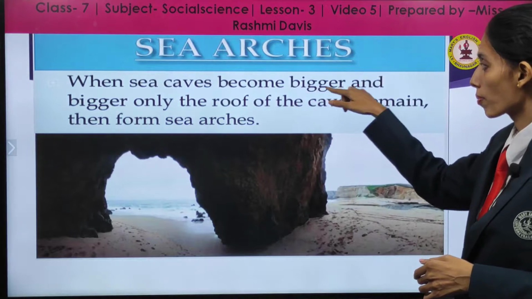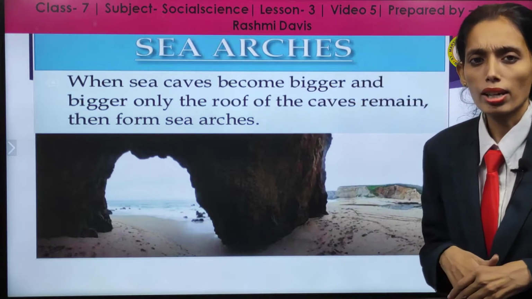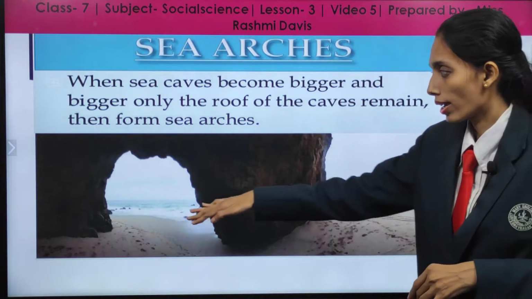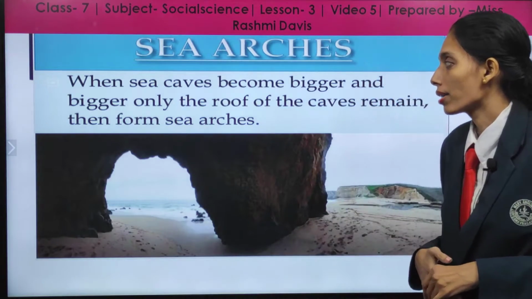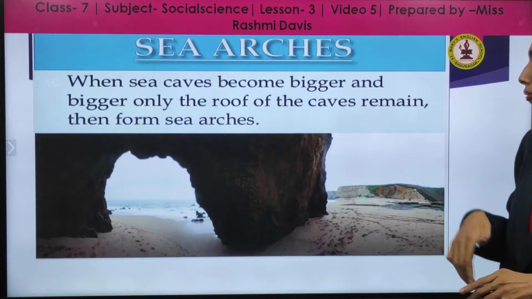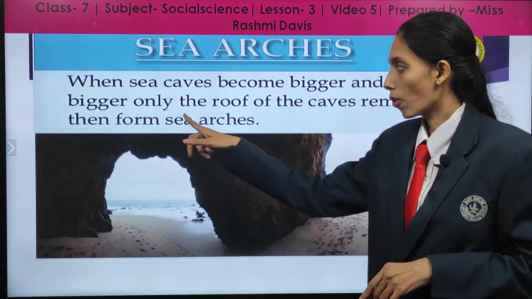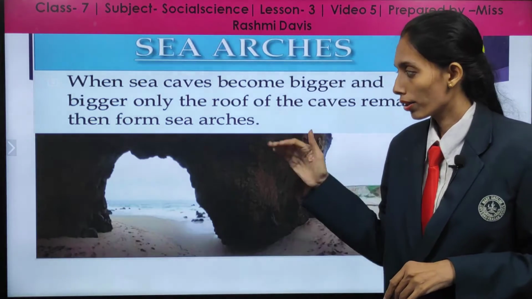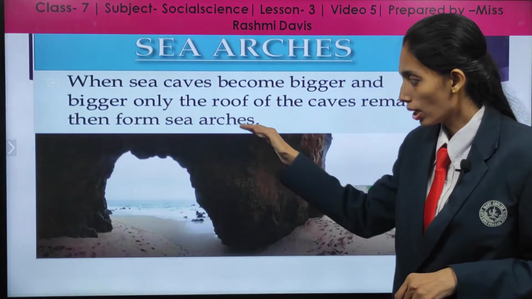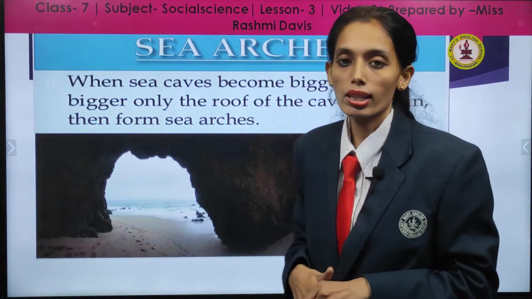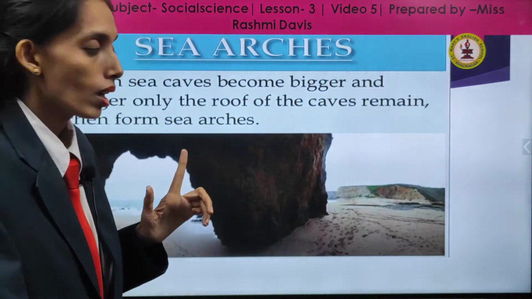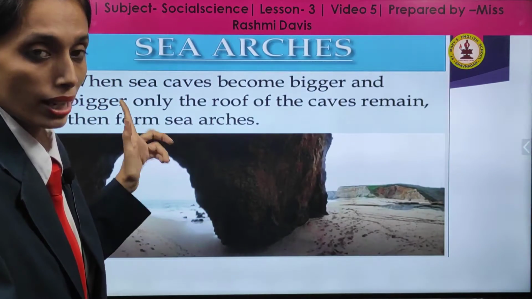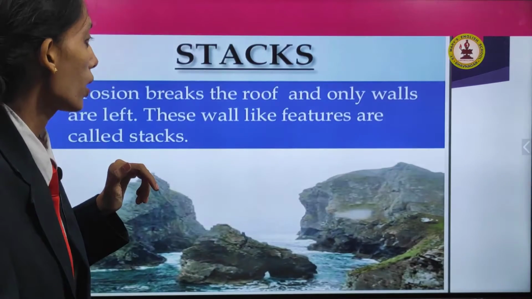The roof which you can see from here is termed as the sea arc. You saw about sea caves and sea arcs, that is the roof formation which you can see.